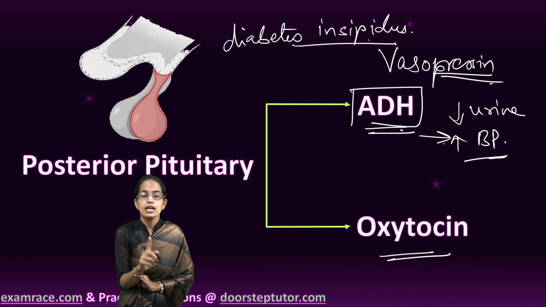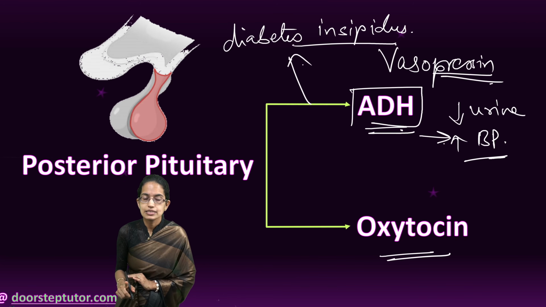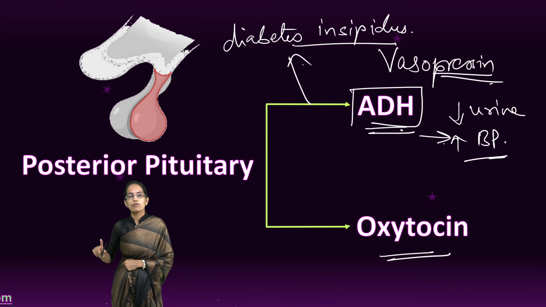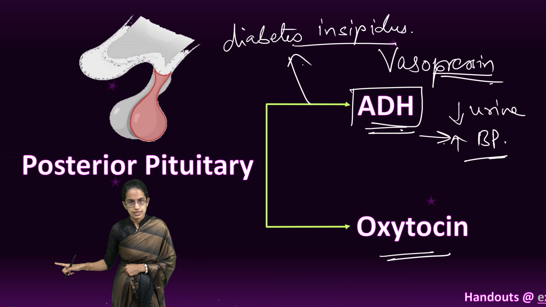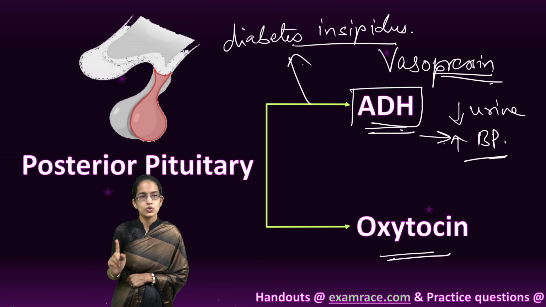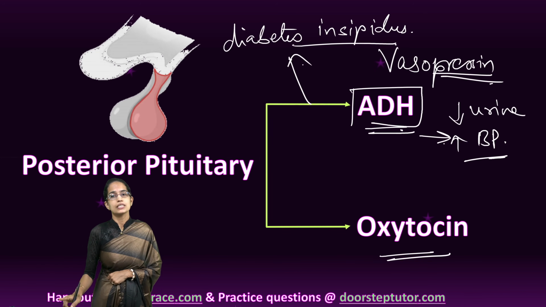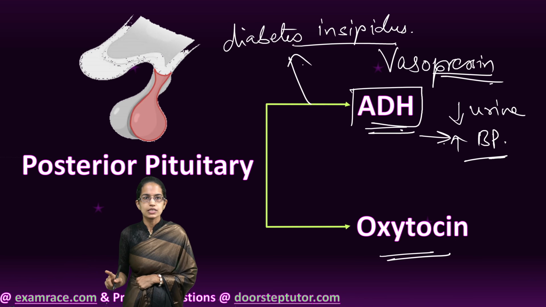However, here hyposecretion of ADH can lead to diabetes insipidus, and this is a condition when the amount of urine is excess, but without sugar. There is no sugar found in urine. However, in diabetes mellitus, sugar, or glucose, is present in urine.